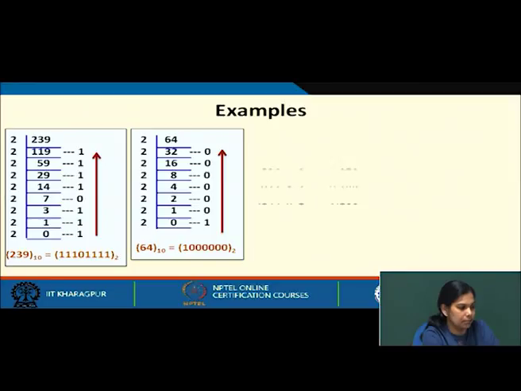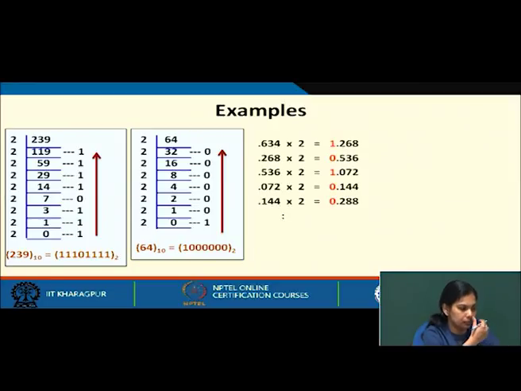Let us take some examples with the fractional part. So, here we see 0.634 in decimal, how we can convert it into binary.